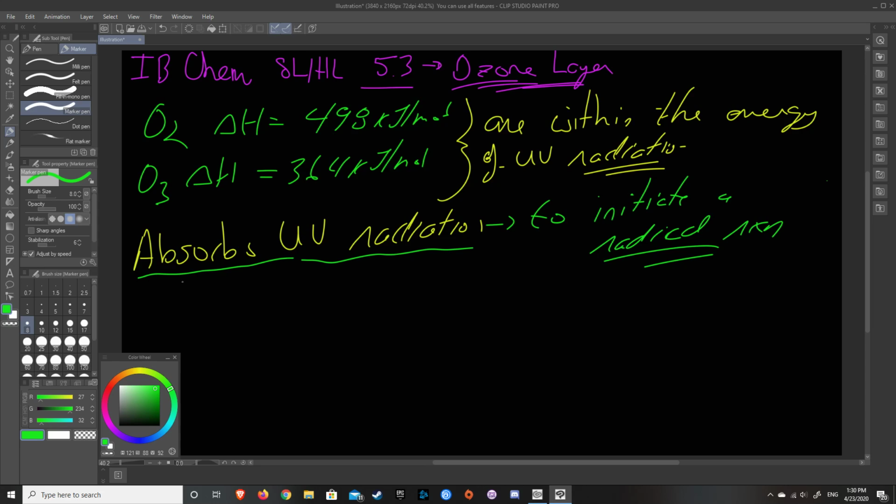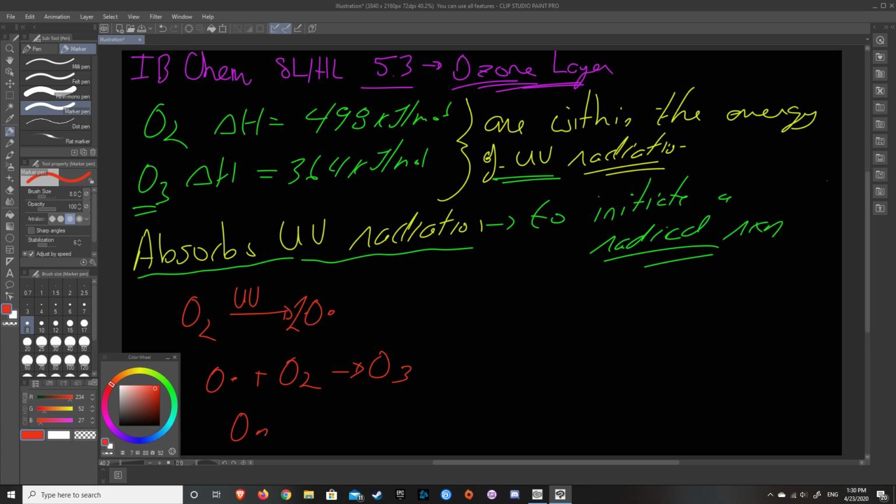this is the absorption, and it's a cycle. Since O3 is also within the range of UV energy, we see that O2 breaks up under UV to form 2 oxygen radicals, and then this oxygen radical reacts with O2 to form O3.